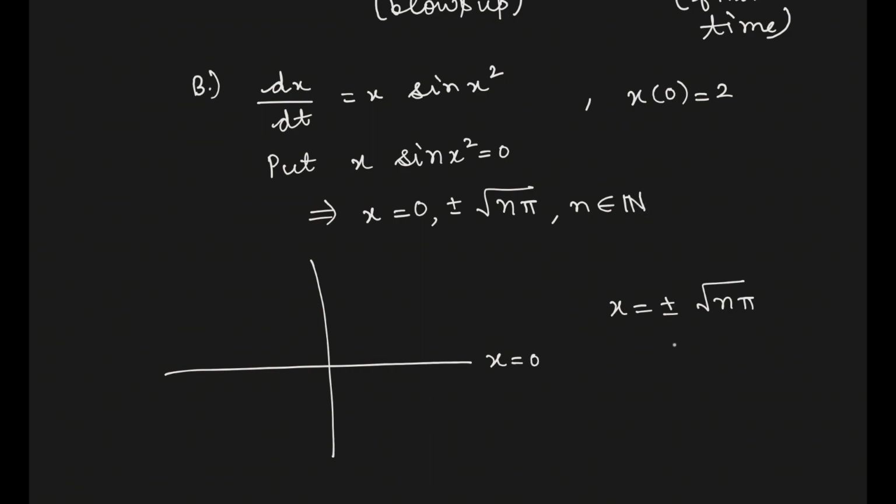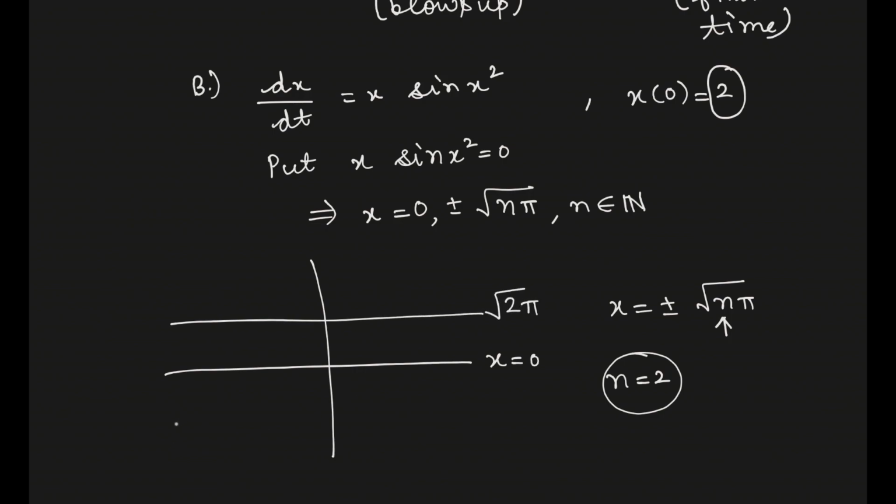So I need to take a value of n so that this condition will lie in that particular interval. If I take n as 2, it will become root 2 pi and minus root 2 pi, and my solution will lie somewhere like here. It is (0, 2).